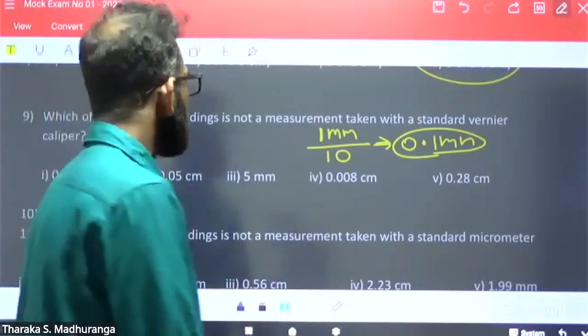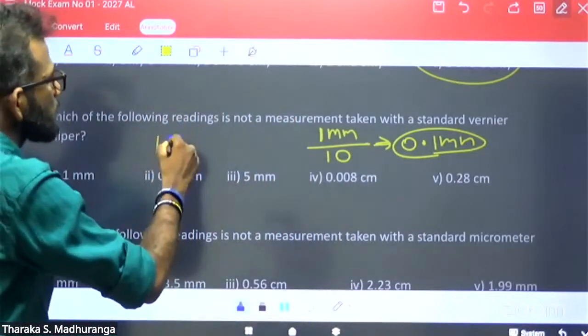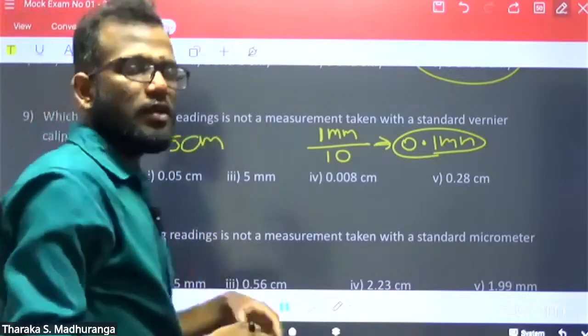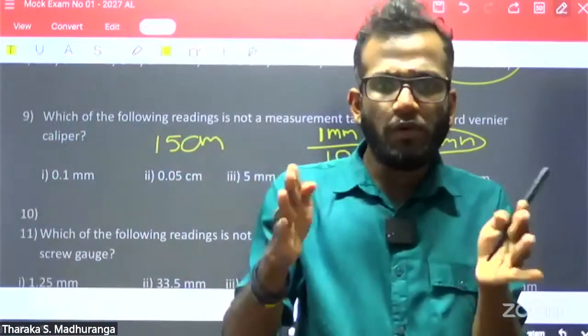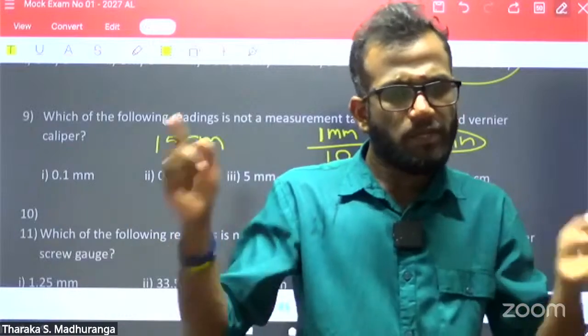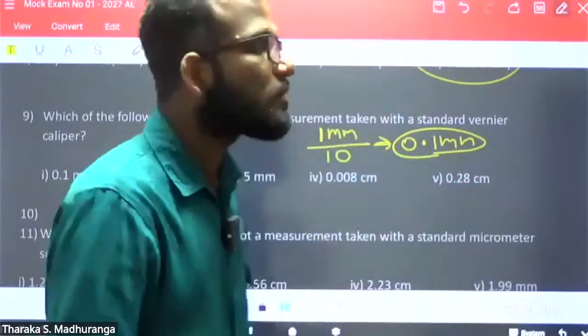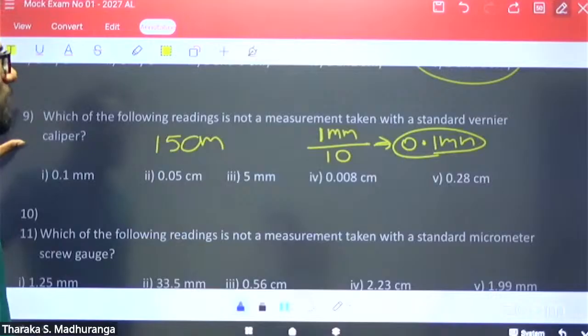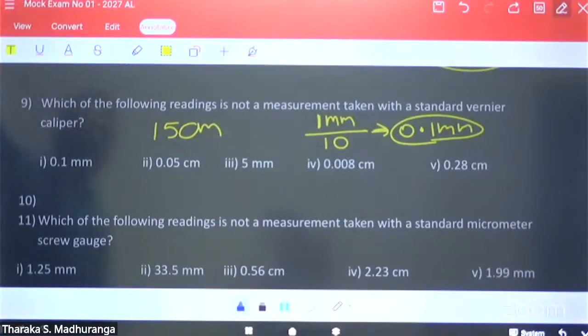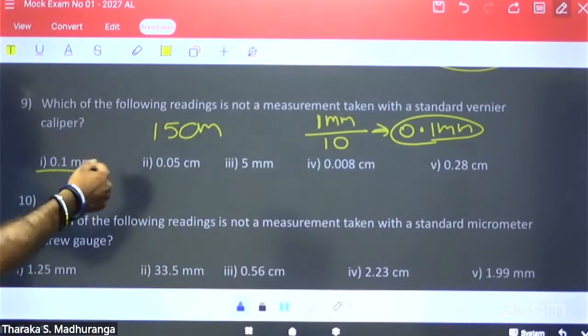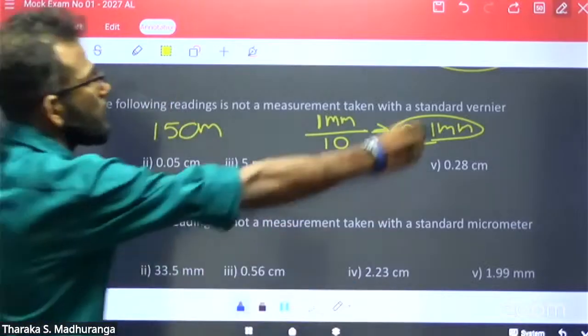It is 15 centimeters is the maximum measurement. 15 centimeters means like your small ruler, not the 30 centimeter one, your half ruler. That's the maximum measurement. Okay, now you can check. 0.1 millimeter is the least count, that's okay.